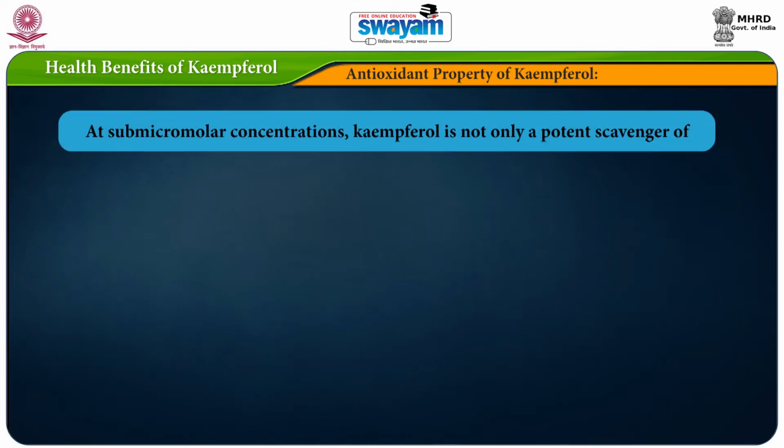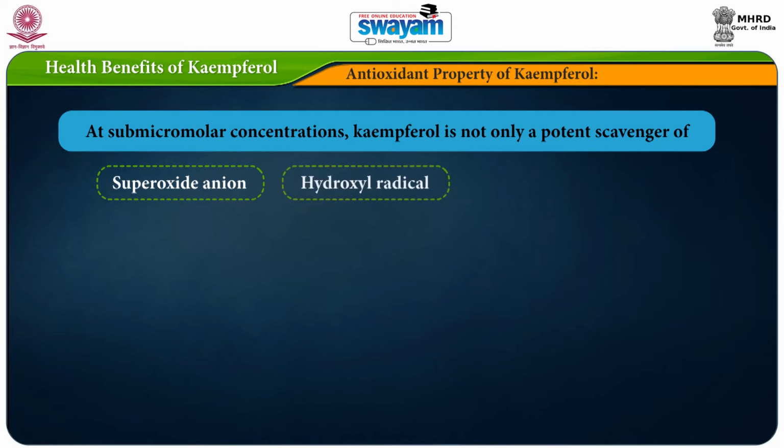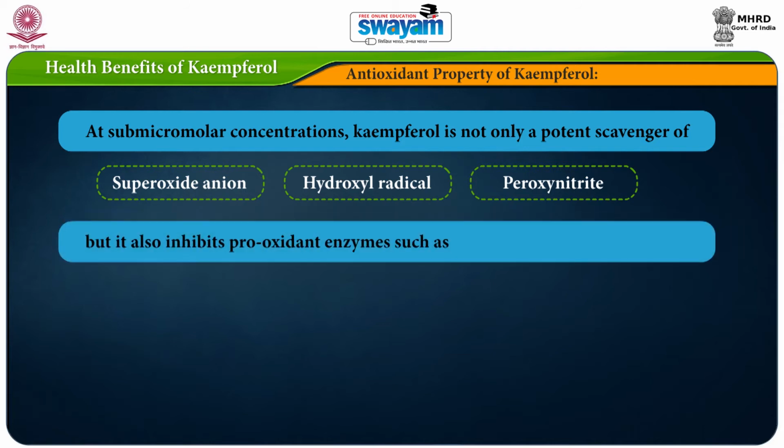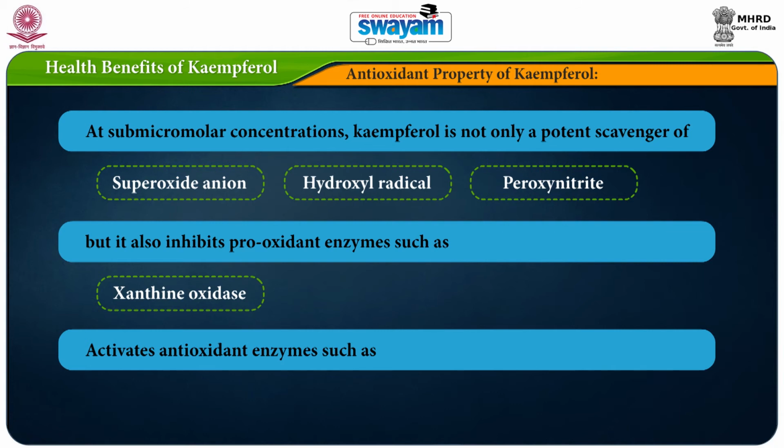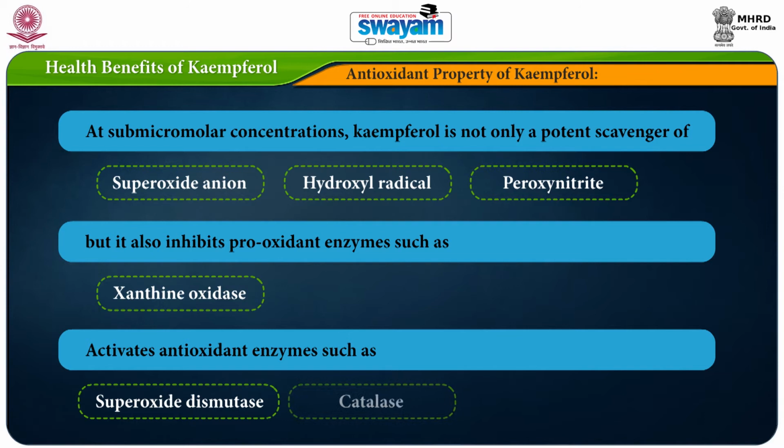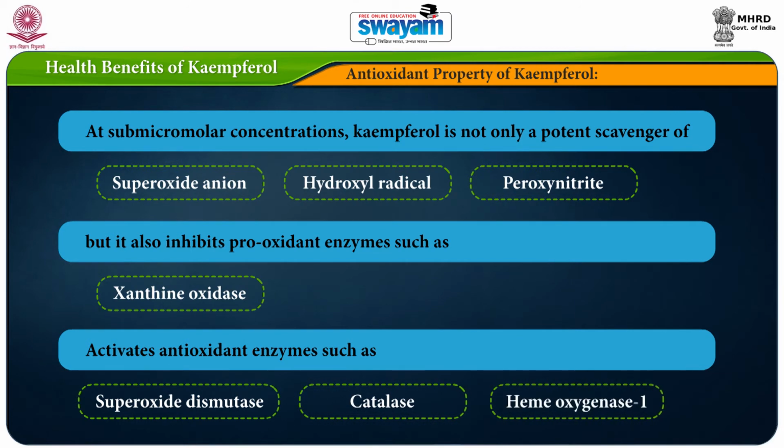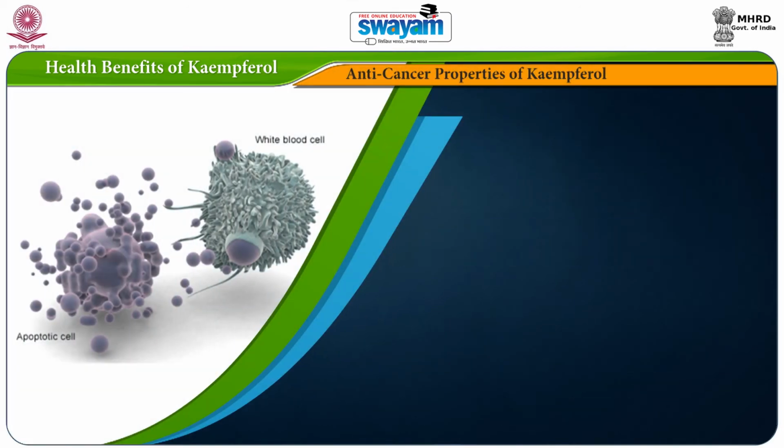At submicromolar concentration, kaempferol is not only a potent scavenger of superoxide anion, hydroxyl radical and peroxynitrite, but it also inhibits pro-oxidant enzymes such as xanthine oxidase and activates antioxidant enzymes such as superoxide dismutase, catalase and heme oxygenase 1. Anti-cancer properties of kaempferol.